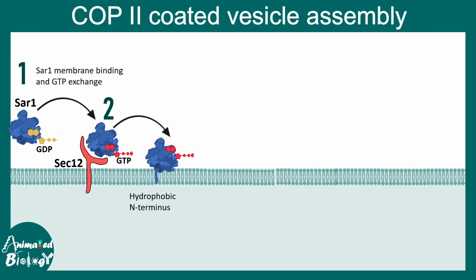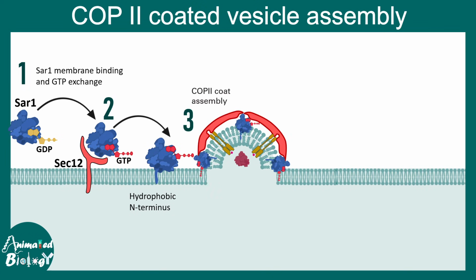Now these are membrane carving proteins which can form small bumps in the membrane like this one. Eventually the coat proteins, shown here in red, assemble. Sec23 and Sec24 are the coat proteins for COP2 assembly. Also there are Sec13 and Sec31.